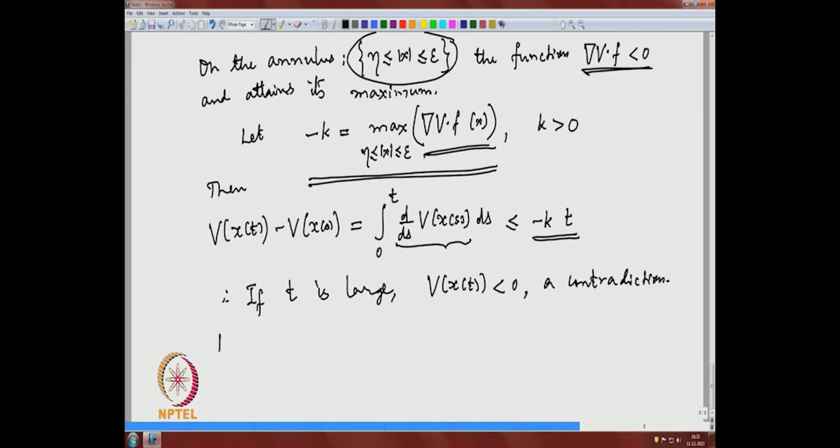So, this contradiction proves that L equals 0, and therefore, 0 is asymptotically stable.